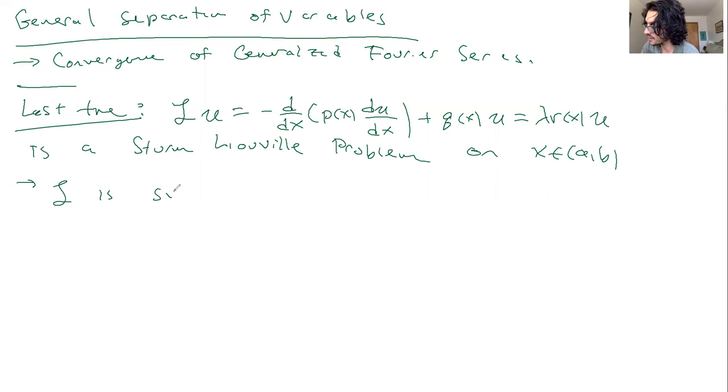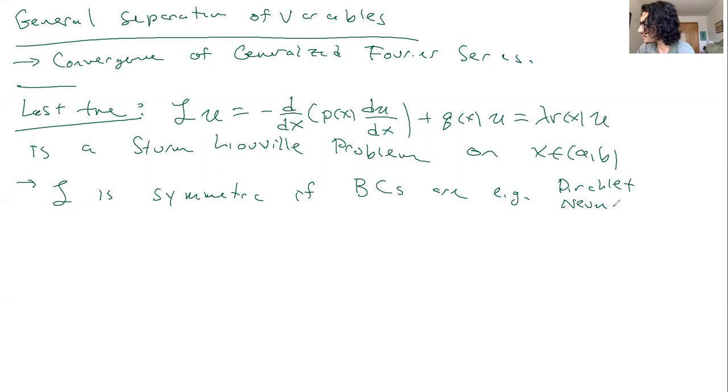Well, we can say that L is symmetric if the boundary conditions are symmetric. For example, they could be Dirichlet, they could be Neumann, they could be periodic, and I think also they can be mixed, Dirichlet, periodic, and Neumann.